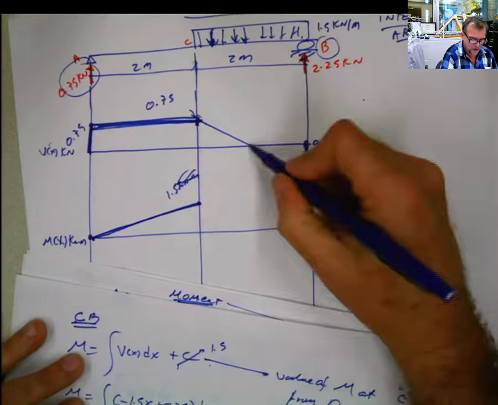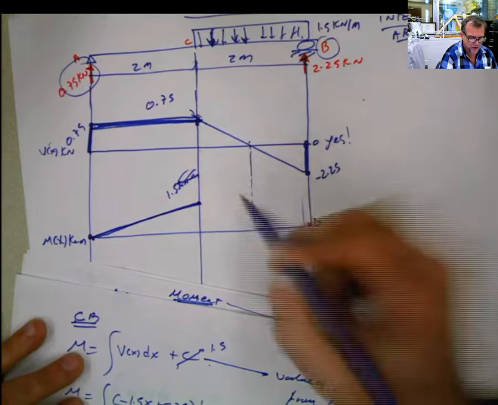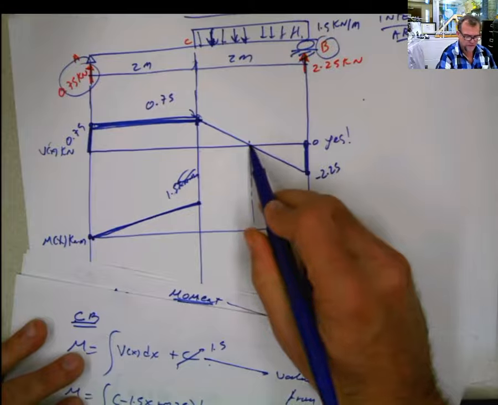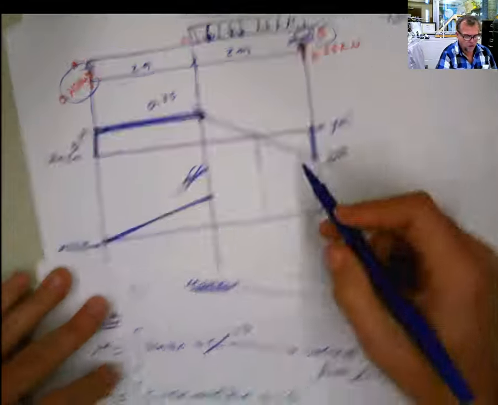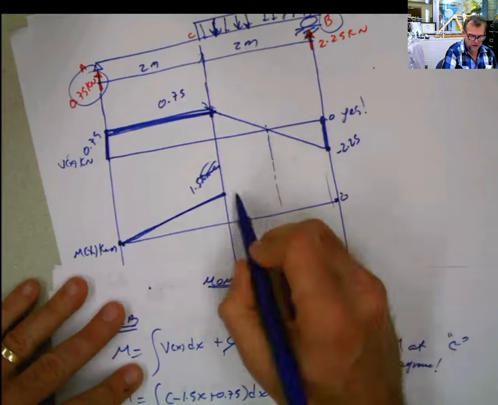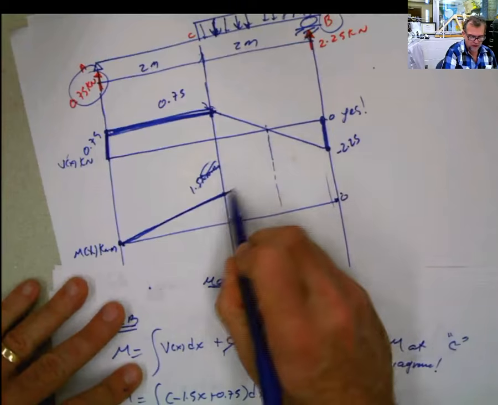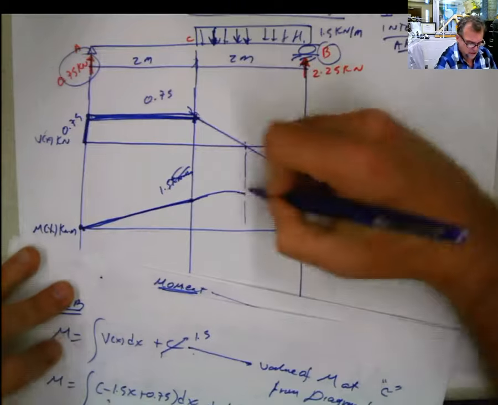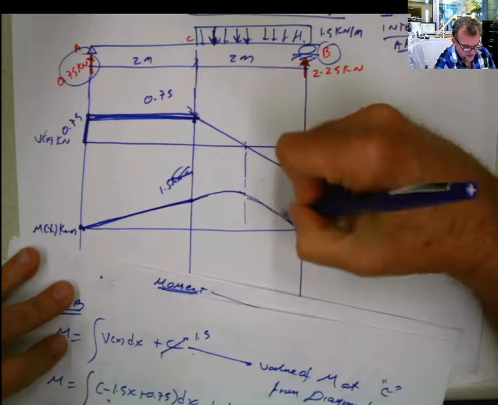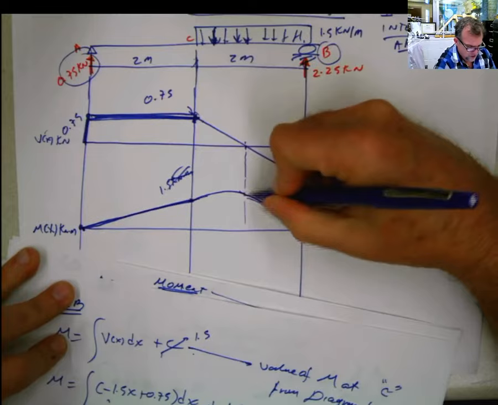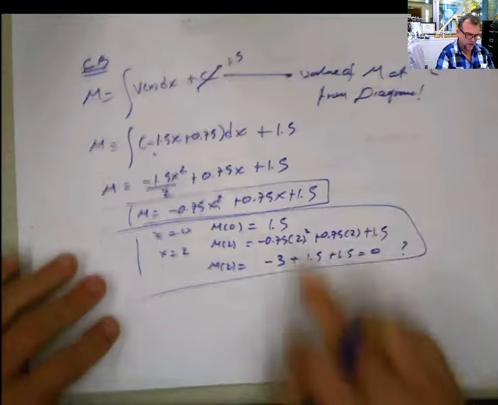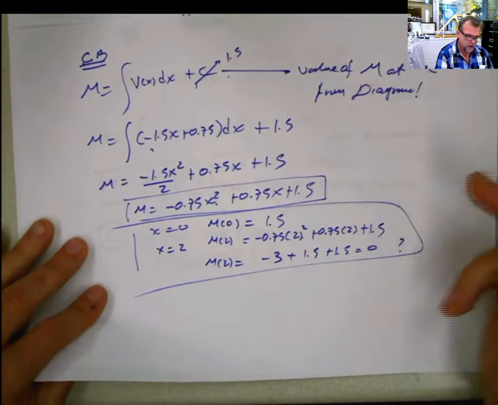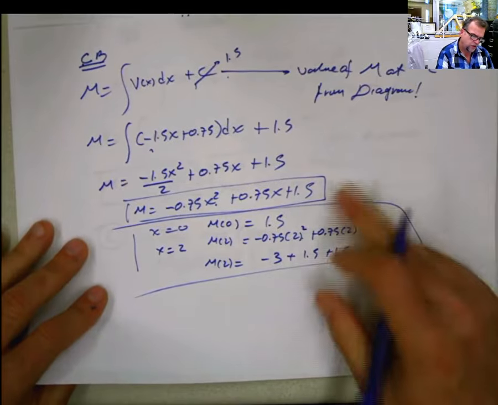Now I told you in the previous video that this was a very important point. And I told you also that the way this equation is going to go, it was going to go like this, and then it was going to come like that. And I know you are mathematicians, and you know this is a parabola because this is the equation of a parabola. But how does the equation go, and how do you do that?